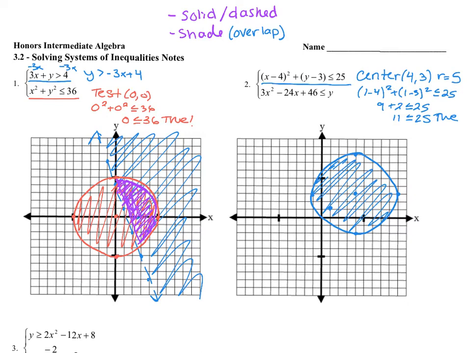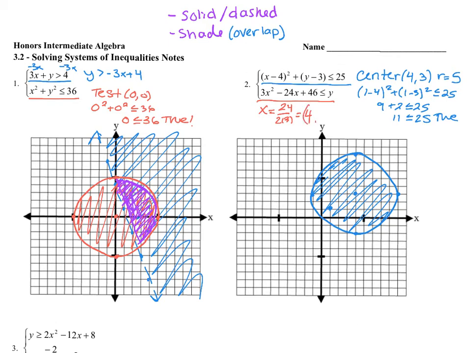My second equation is a parabola. I can tell this because I have only a single x squared. So when I'm graphing this parabola, I'm going to use opposite of b over 2a. And I'll get the x of my vertex is at 4.